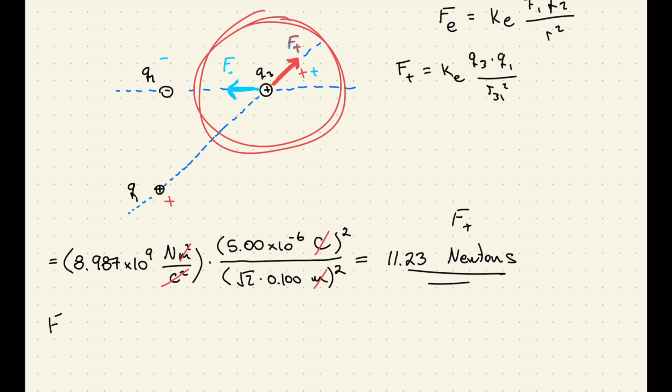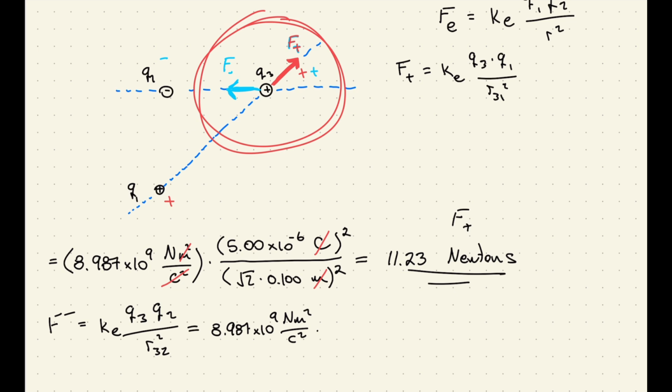Now let's do F minus. F minus is equal to k e Q3 Q2 over R32 squared, because Q3 is the one being acted on. k is 8.987 times 10 to the 9 newton meters squared per coulomb squared.